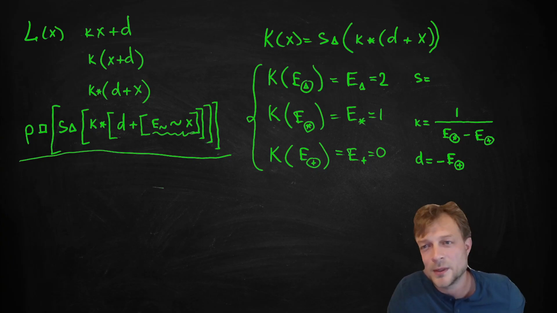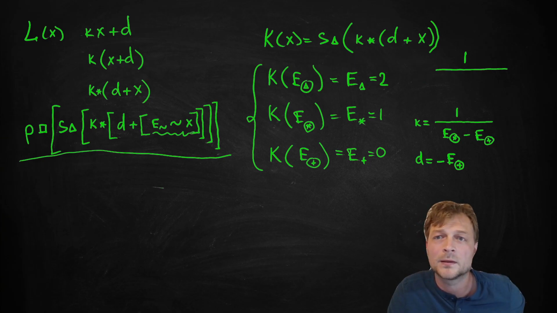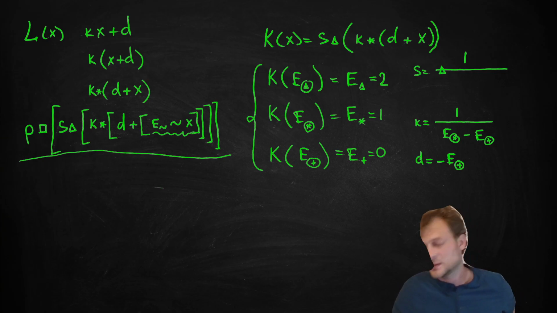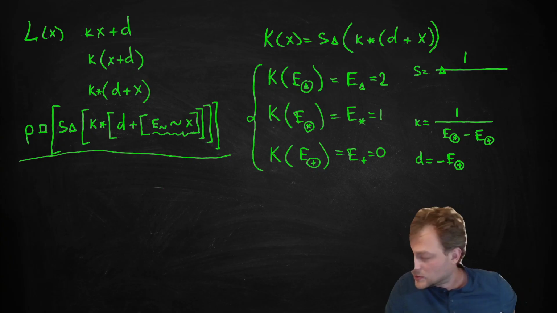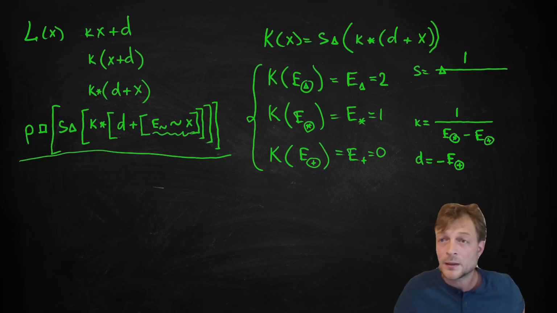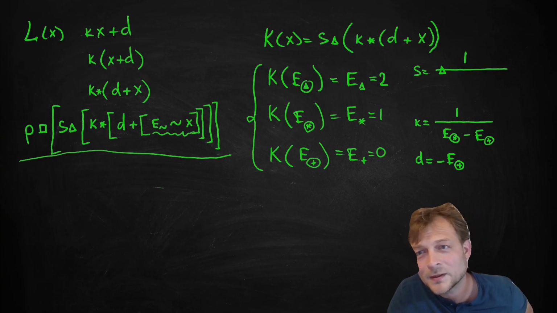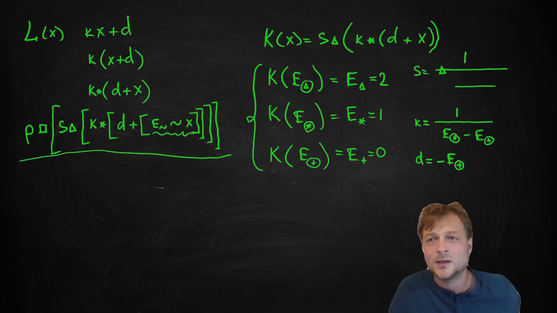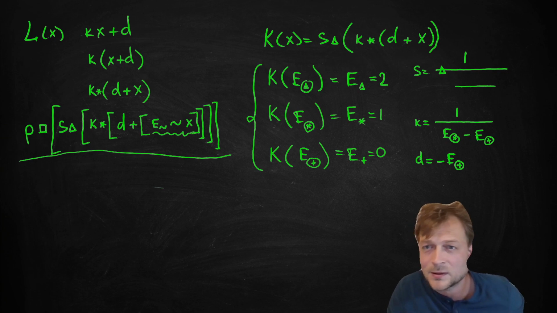And S will be equal to 1 over this inversion in a triangular sense, 1 over, and here we have another fraction, but already in the multiplication sense.